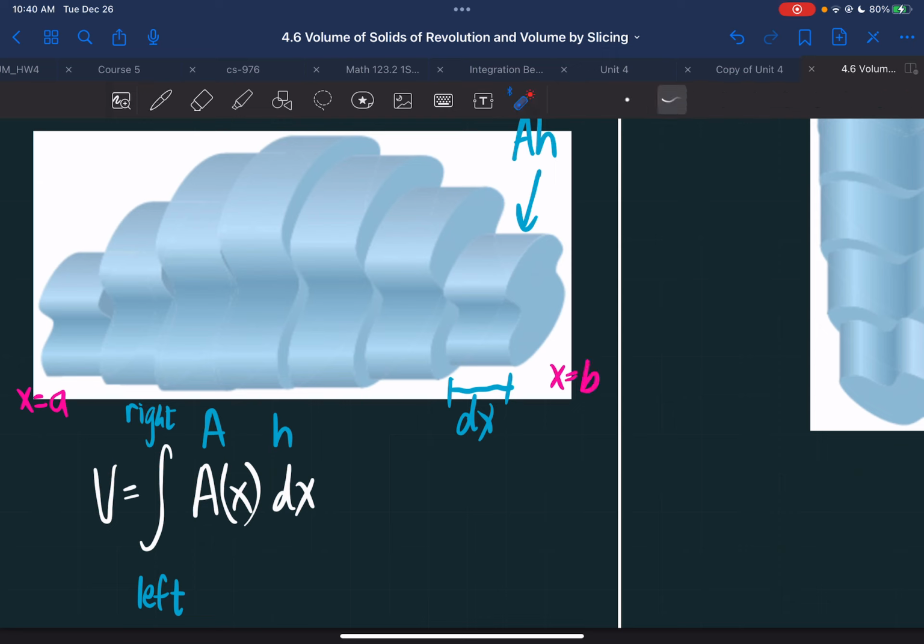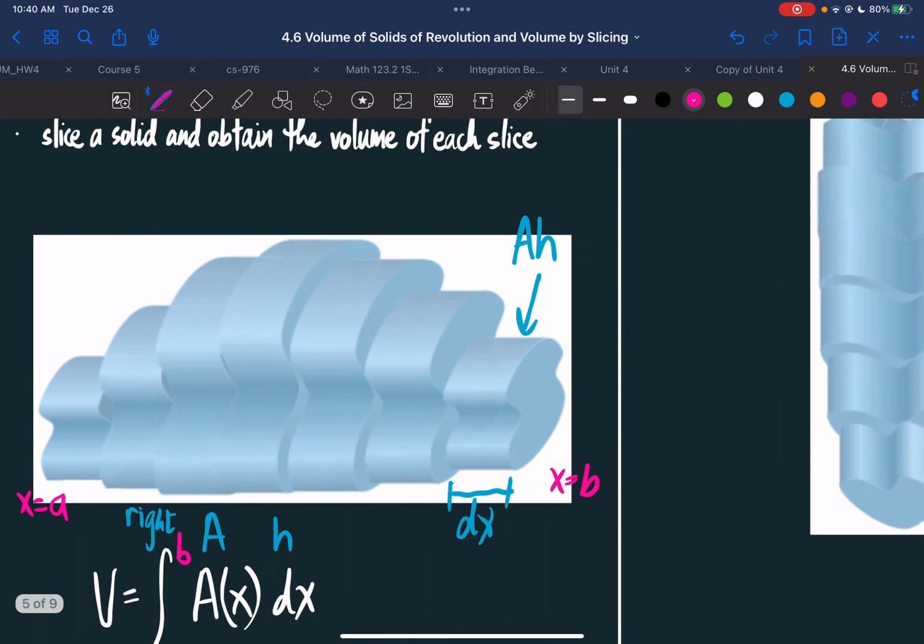So we are doing this from x equals a until you reach x equals b, for you to span this entire solid right here. So this is the volume by slicing, but by vertical slicing.